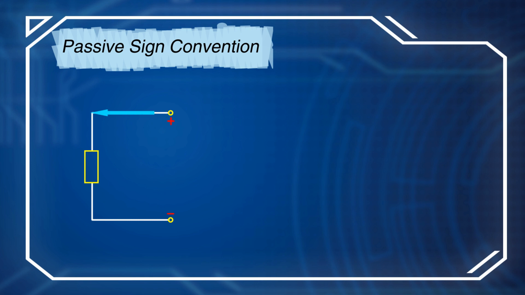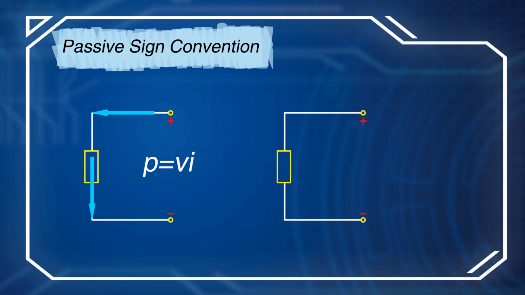When the current enters through the positive terminal of an element, P equals positive V multiplied by I. If the current enters through the negative terminal, then P equals minus V multiplied by I. Unless otherwise stated, we will follow the passive sign convention throughout this course.